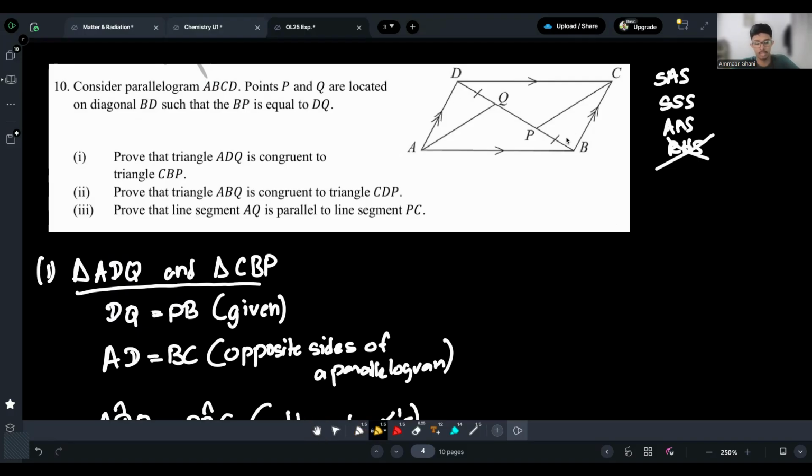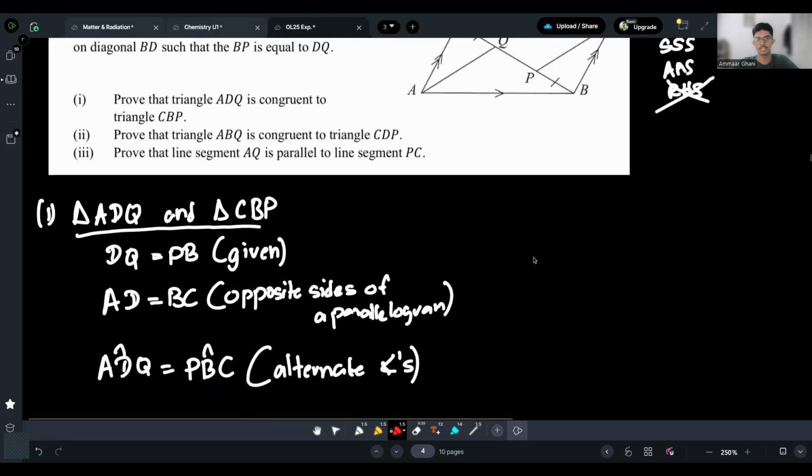Now in this question, always remember, just because you have a pair of angles and two sides doesn't make it congruent. Let's say that this angle and this angle is equal. This doesn't make it congruent. I think you must know by doing papers for this long, almost 30 days for your exam, that in SAS, side angle side, the angle must be included in between the sides.